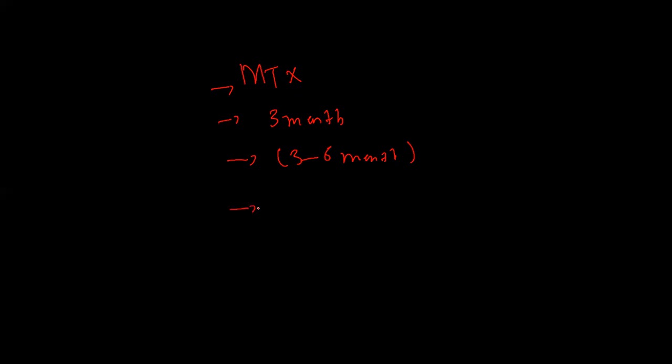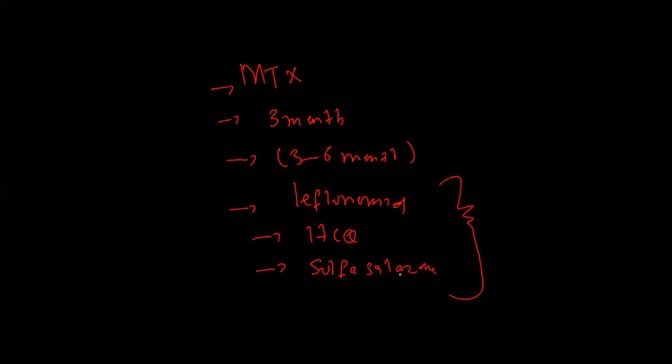The other DMARDs we can use include leflunomide, hydroxychloroquine, and sulfasalazine. If the patient has a contraindication to methotrexate, you can use any of these medications. If the patient has high disease activity and poor prognostic factors, you can give a combination of methotrexate with any of these DMARDs.